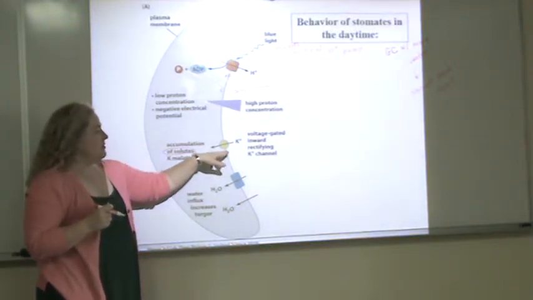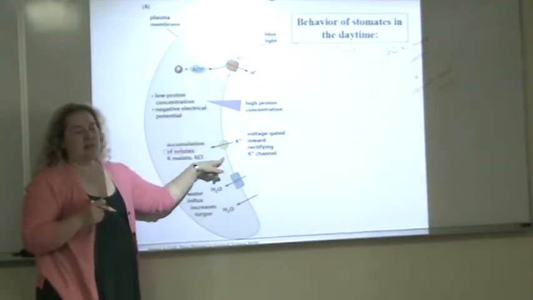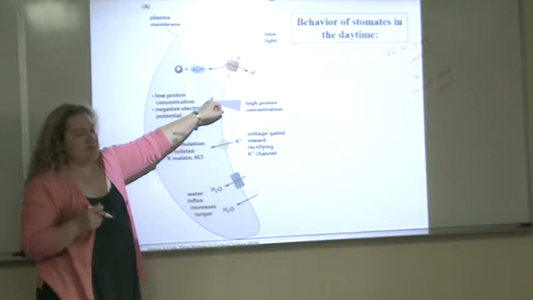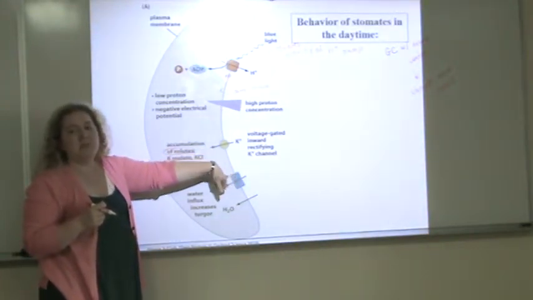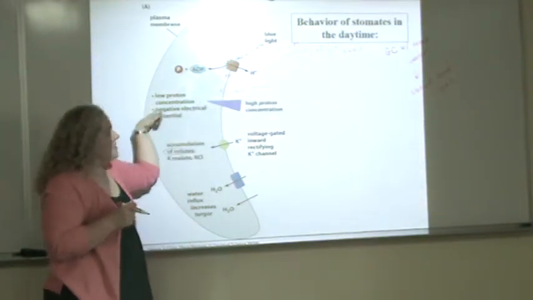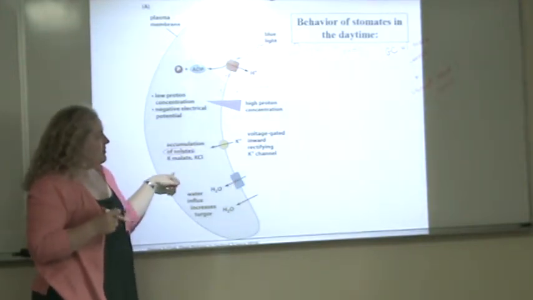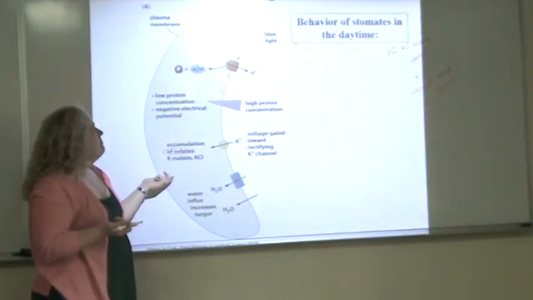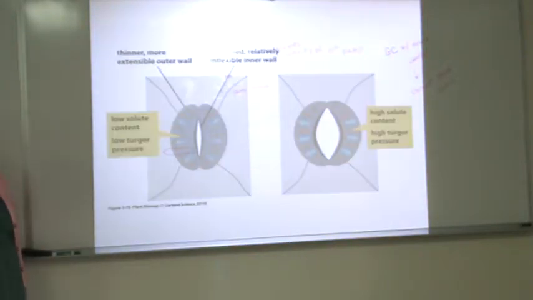There is also a separately controlled potassium channel pushing potassium into the cell. This is not very related to the proton thing. It has separate control, but it is pushing solutes in. So protons coming out, carry solutes in, water follows, the guard cell will take on water and it will open the stomatal pore.